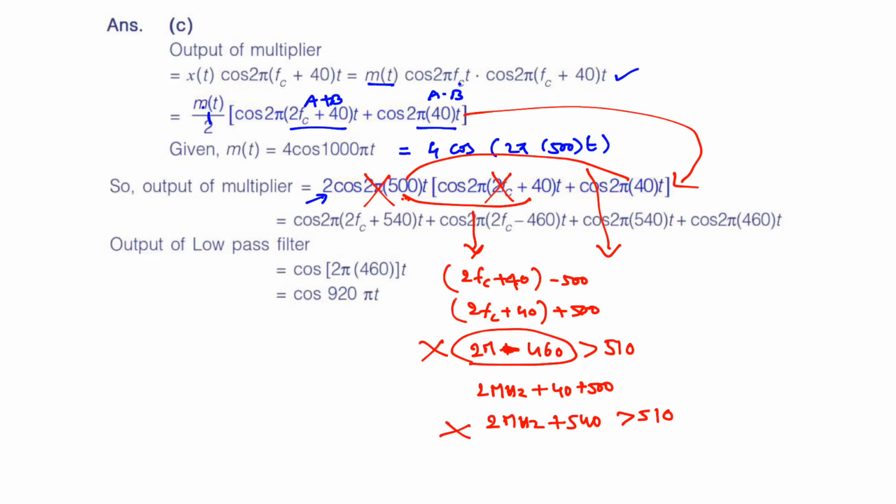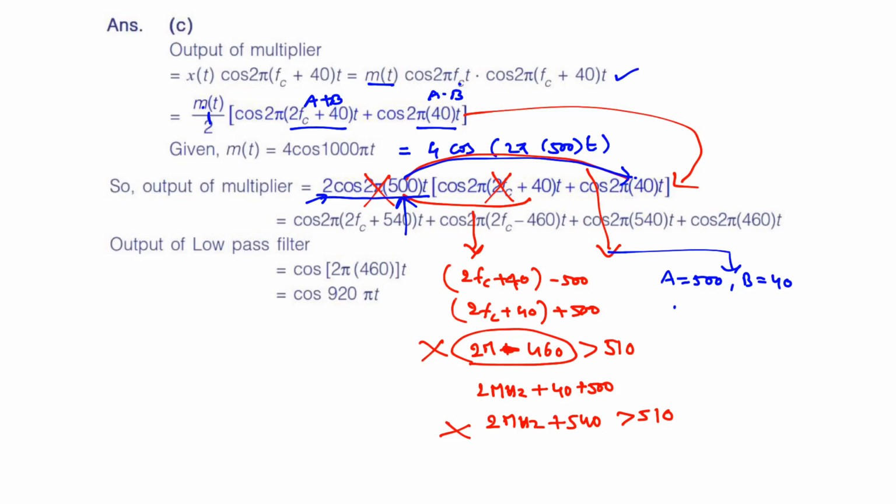Next, come to the second term: 2 cos 2 pi 500t multiplied with cos 2 pi 40t. What frequency components will we get from here? First choose a as the highest term: a is 500 and b is 40.